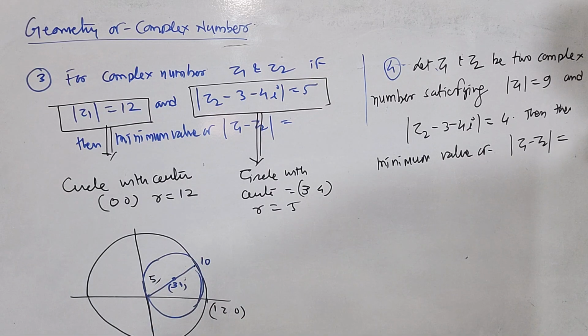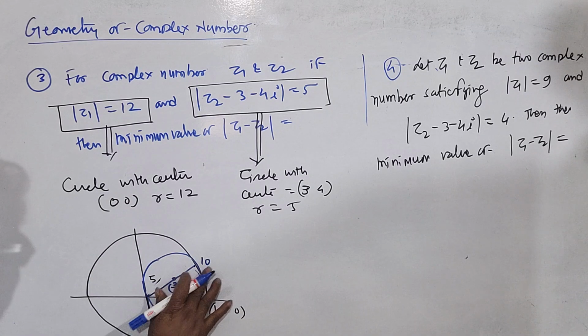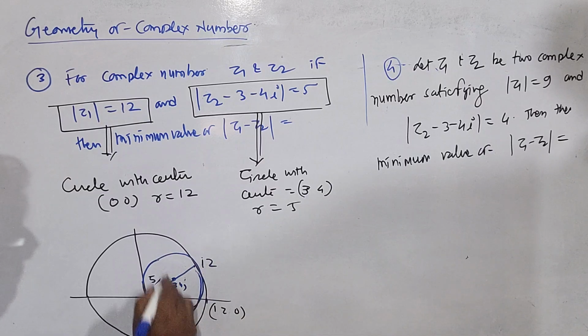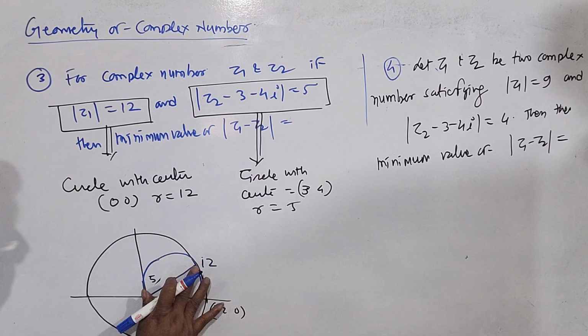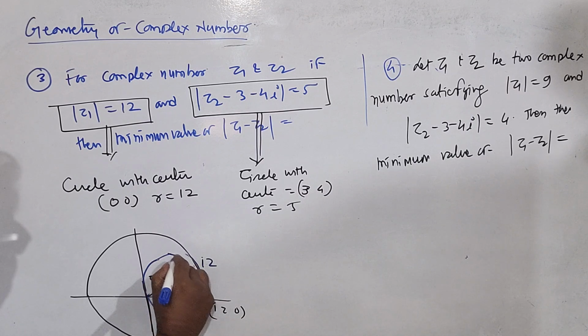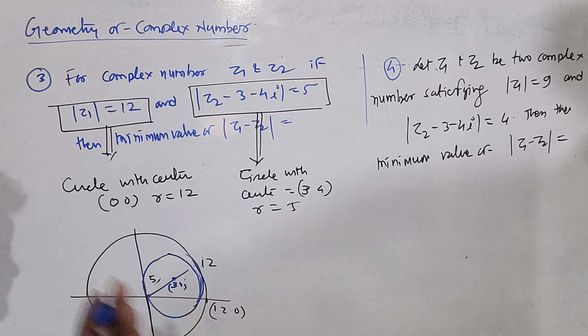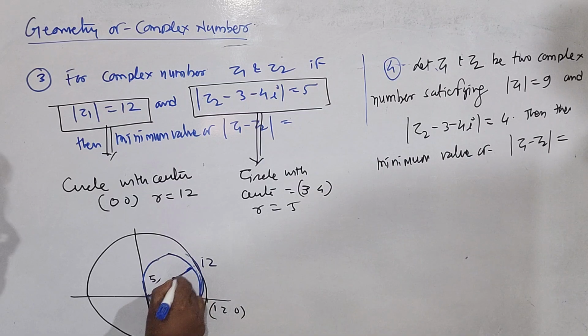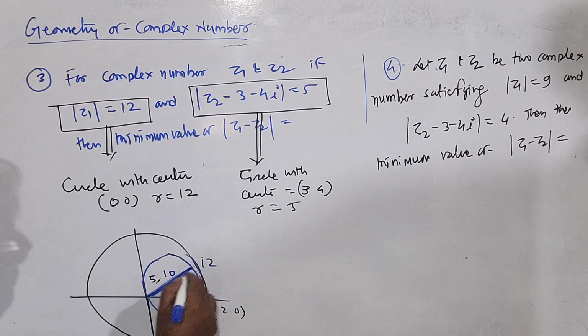Is it true that this is 12? No, this is not 10. This is actually 12, because the radius of this circle is 12. So it should not be touching this circle, rather it is lying inside the circle. This distance up to here is 10 and up to this is 12.